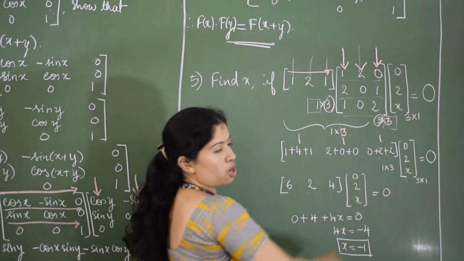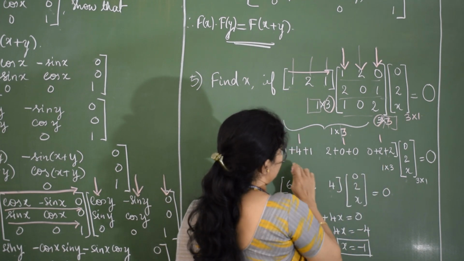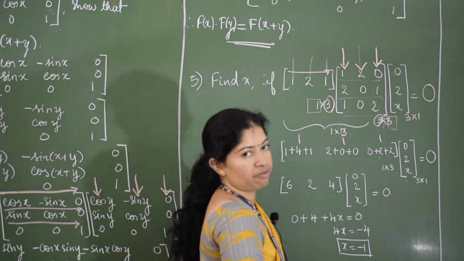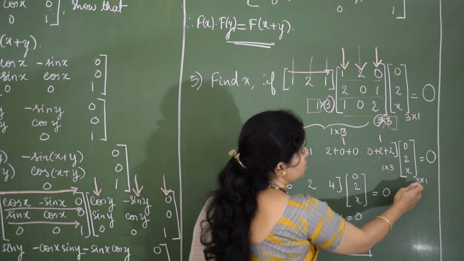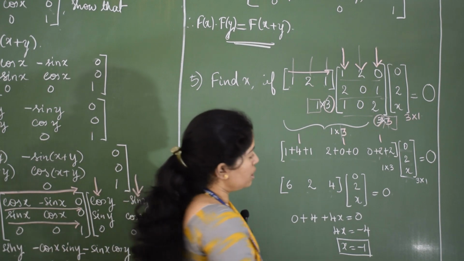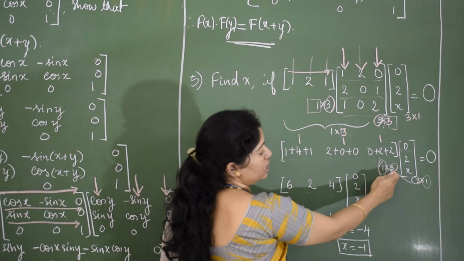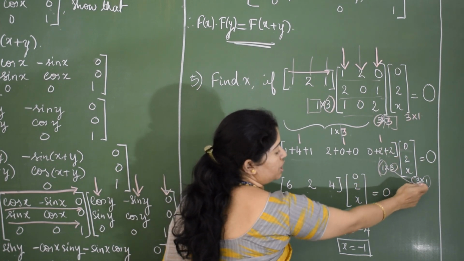Whether this product is possible, order of this one is 1 cross 3, 1 row and 3 columns you are having. Order of this matrix is 3 cross 1, it is having 3 rows and 1 column. See the middle numbers.